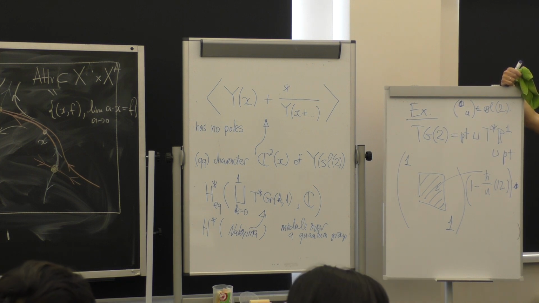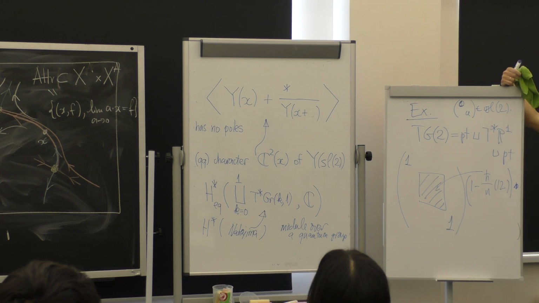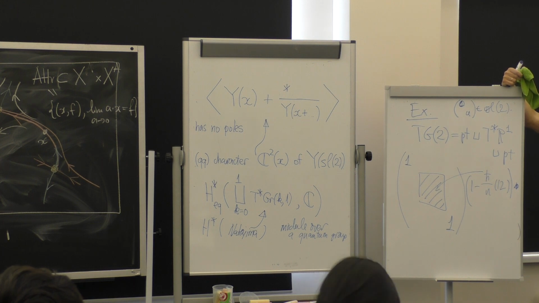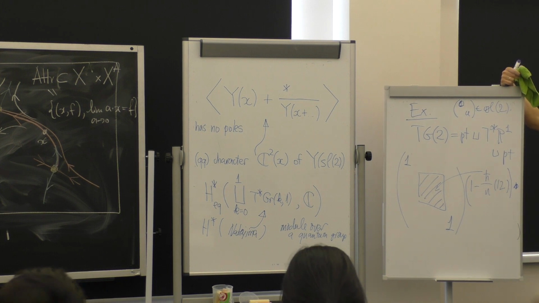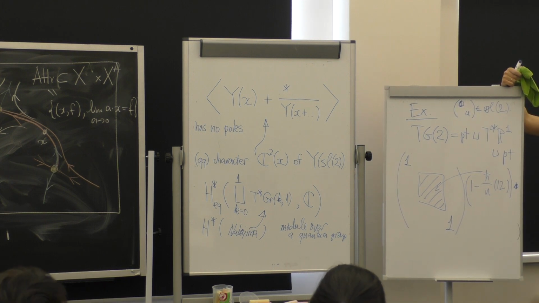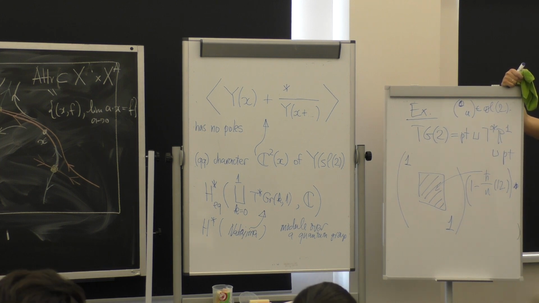The story was that Maulik and Okounkov, and I guess Nakajima also, said that the quantum cohomology of this variety should be like this Bethe subalgebra in the Yangian.